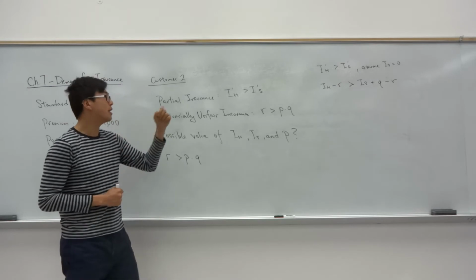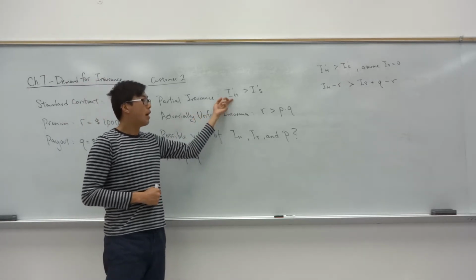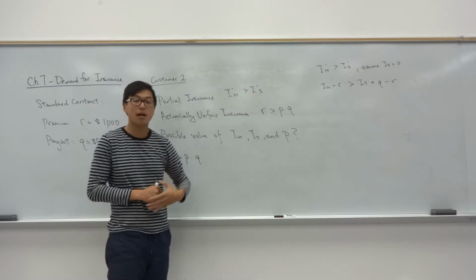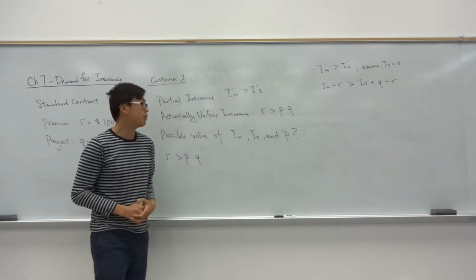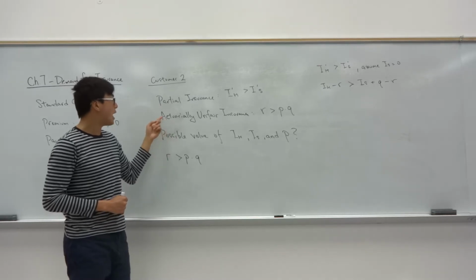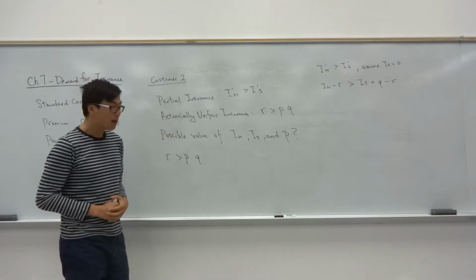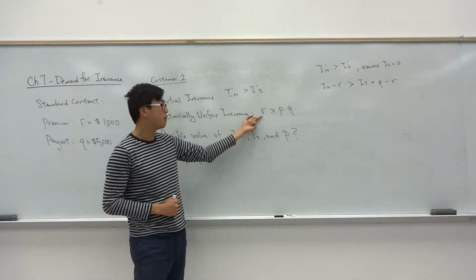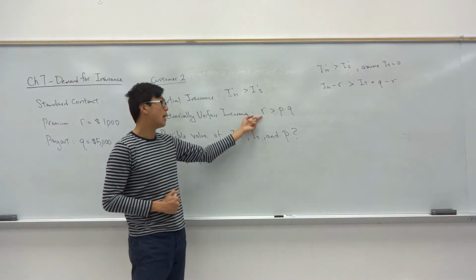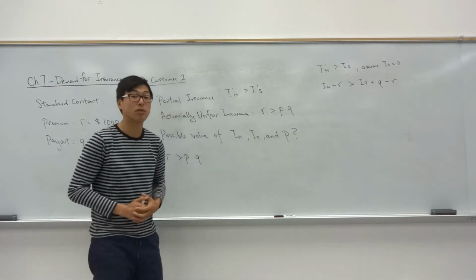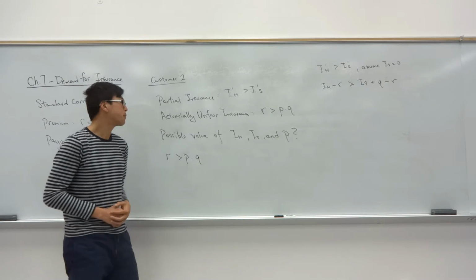The condition is that the healthy income with insurance coverage is greater than the sick income with the health coverage. And the insurance is actually unfair insurance. That means this person is paying a greater amount of money on the premium than the expected returns of the insurance if he gets sick.